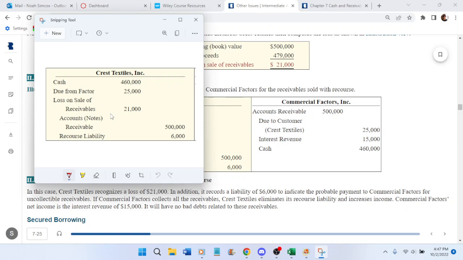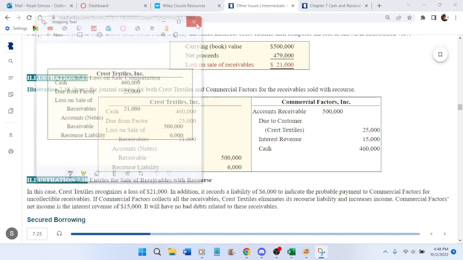And how do you calculate loss on sale of receivables? They do it in a very stupid way. It should be just the finance charge plus what? It's the recourse liability. The finance charge plus the recourse liability. That's what it is.